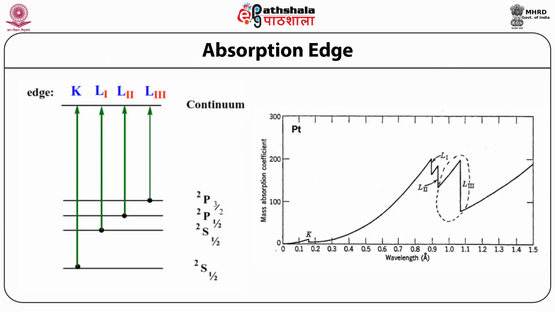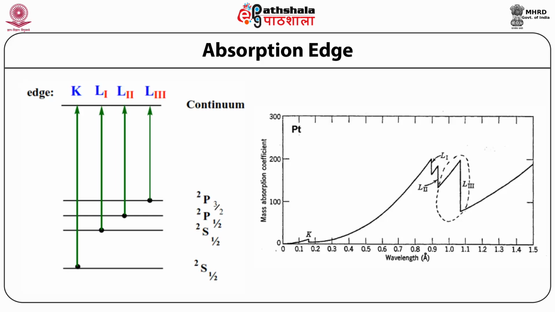We have slightly elaborated what we have seen on the last slide. Here we divide these shells or subshells, as you can see, into S and P orbitals, with the total angular momentum as a subscript and the spin angular momentum as a superscript.